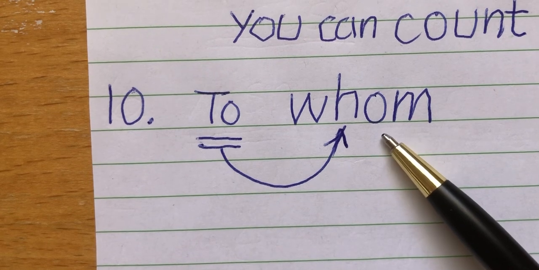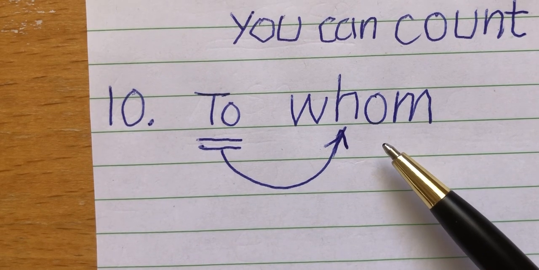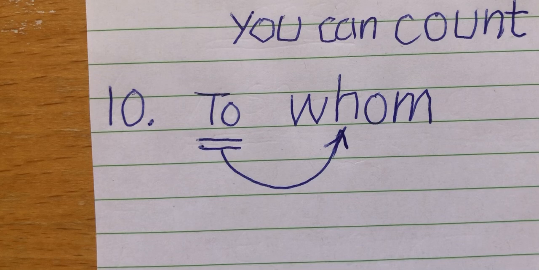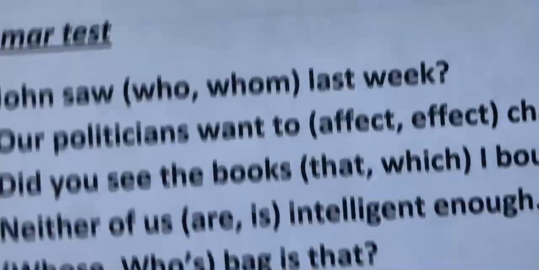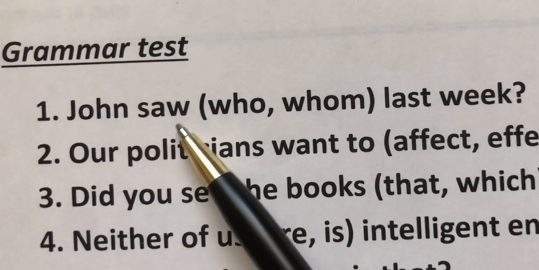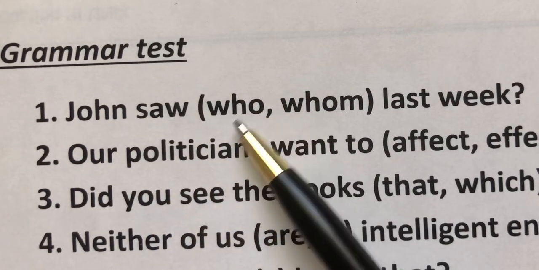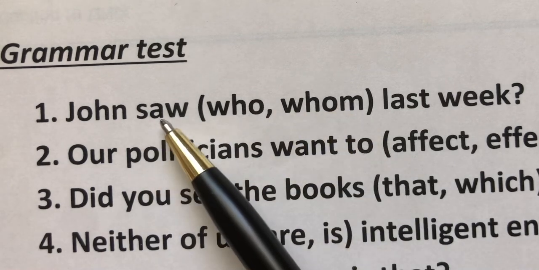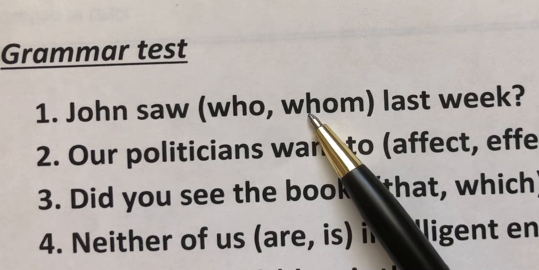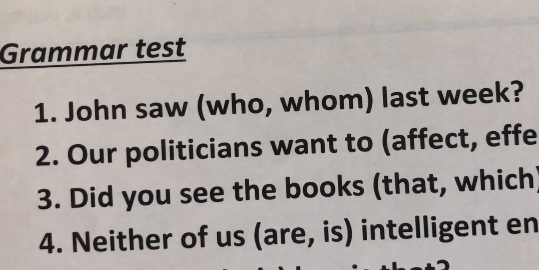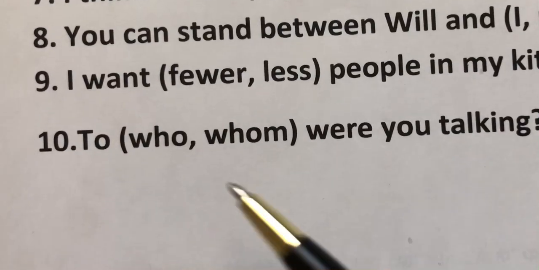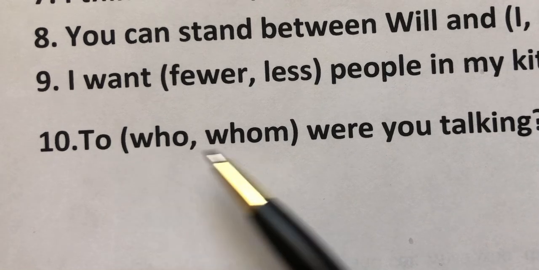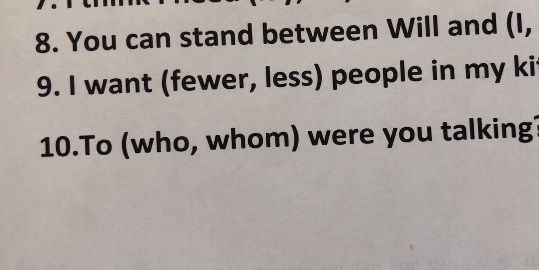This is somewhat similar to the first question. Let me go back to the first question. The first question is saw. Because these two words are after the word saw, then you use whom. Saw whom. Okay. And the last sentence, to whom. Okay.